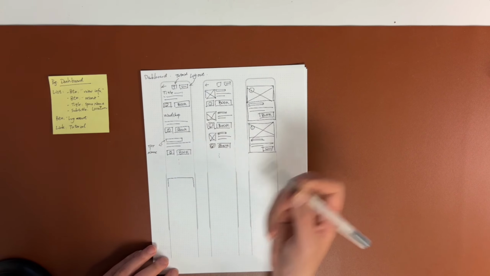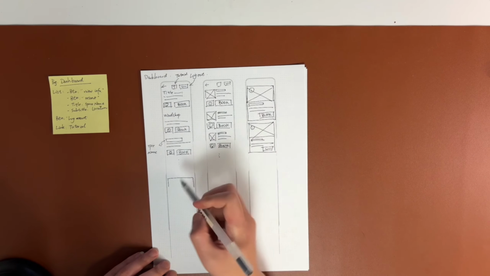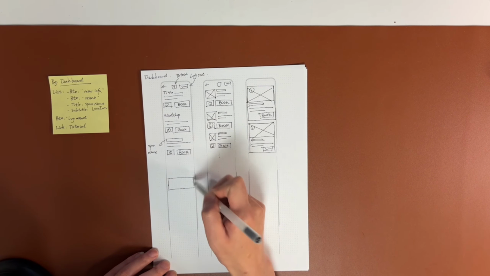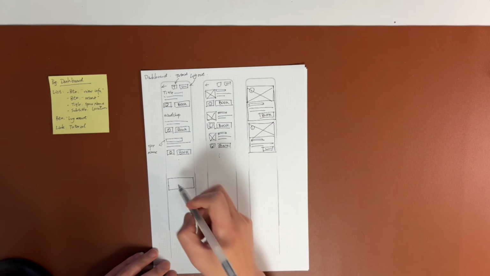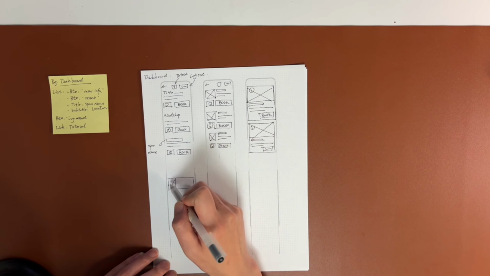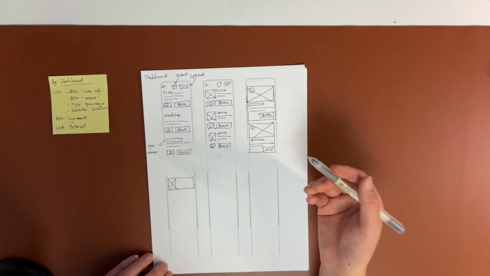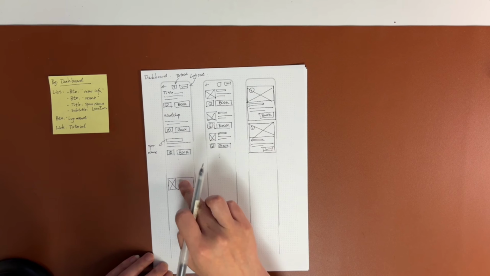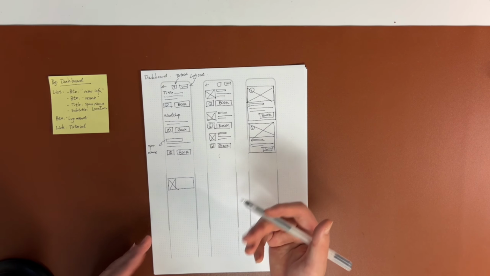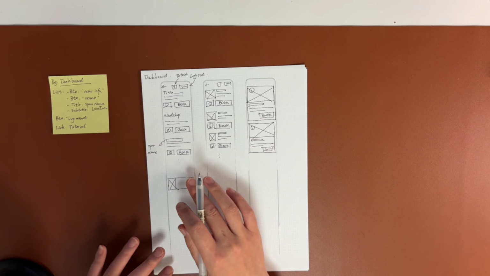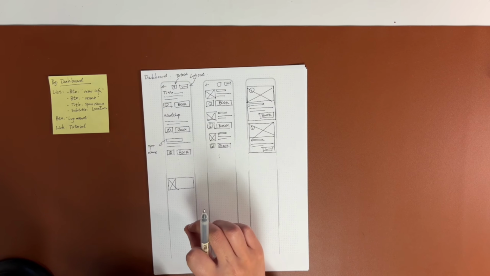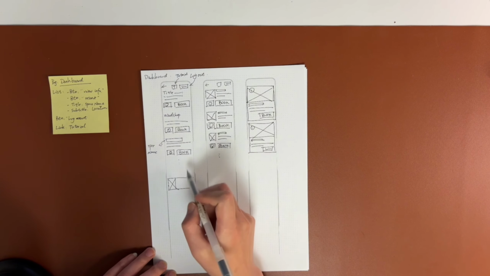I may further simplify this card for each space by removing those two buttons, so that no matter whether my user would like to learn more about the space or make a reservation, they can just tap on this card to view information, so that we can save some space by removing the buttons.